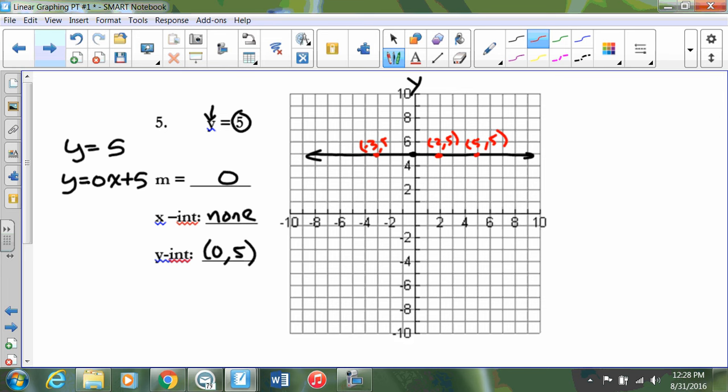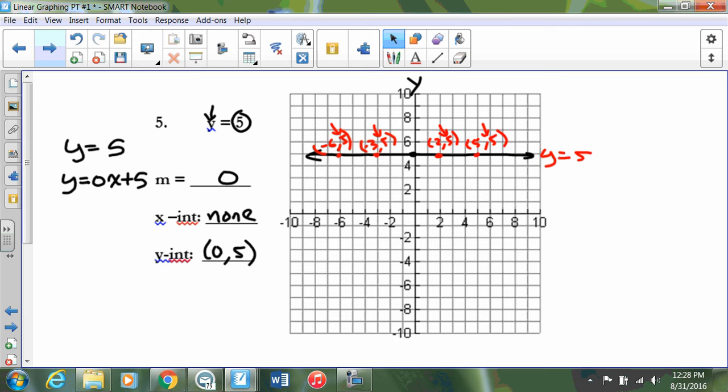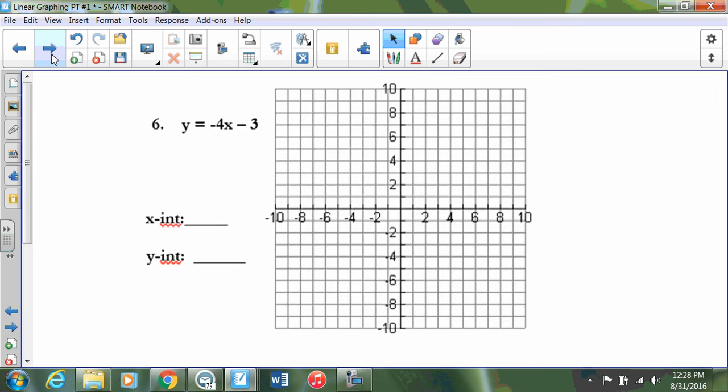If you look at all these points on this line, you'll notice that all of them have y equals 5. That's why this line is y equals 5, because every single point on it has a y that is equal to 5. So I just gave you a couple different ways to understand that. As long as one of them works for you, is good. All right, let's look at the next one.